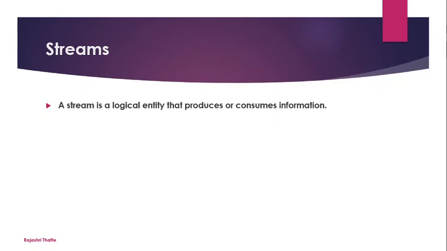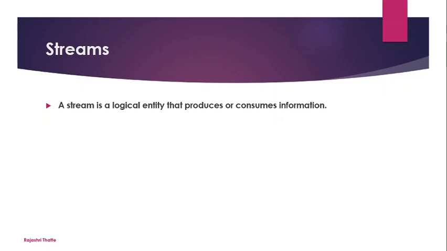So, whatever the data is coming from input devices to your program, or from your program the data you are sending to output devices, this is nothing but it is called a stream. A logical name is given for that. This data is nothing but the information. You are taking some information from input devices into your program, and you are sending some information from your program to the output device.